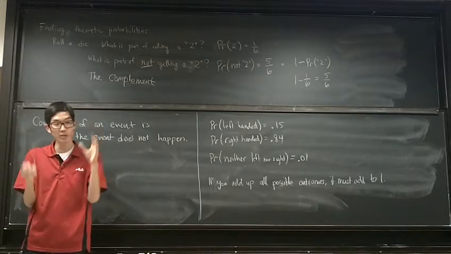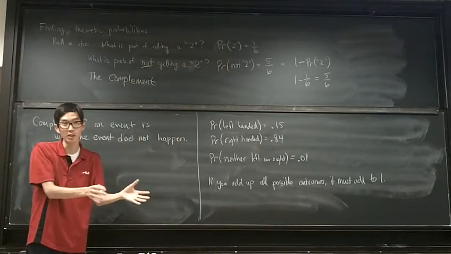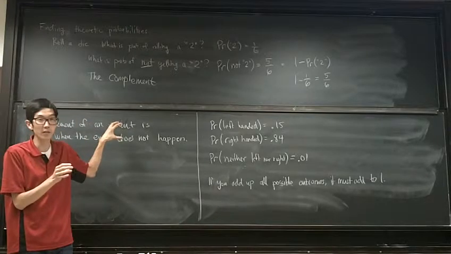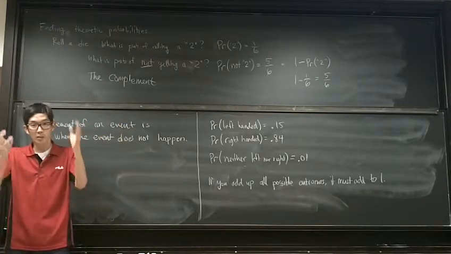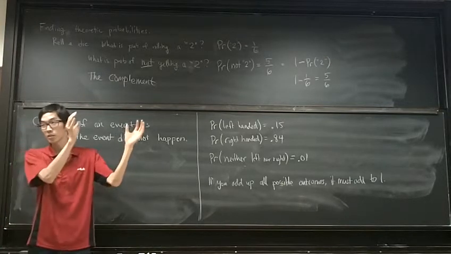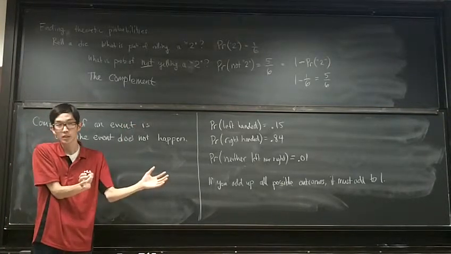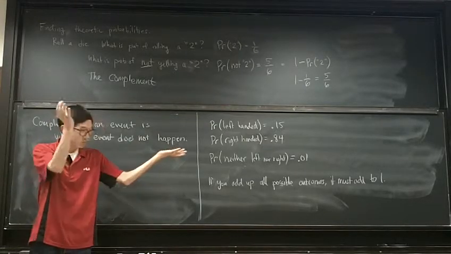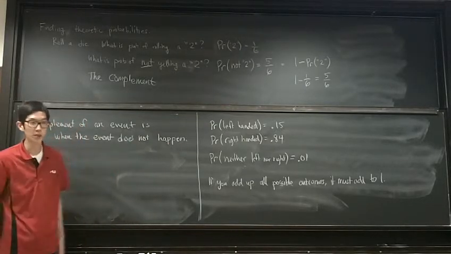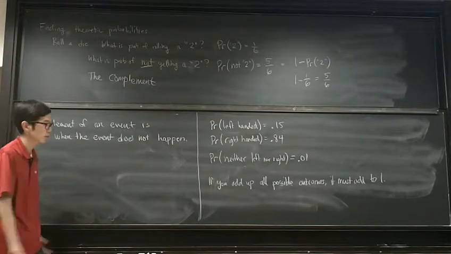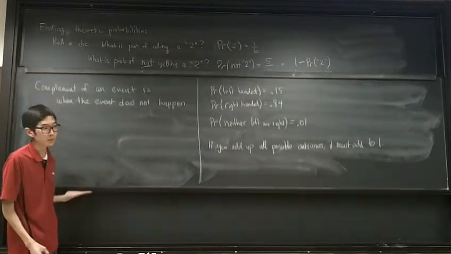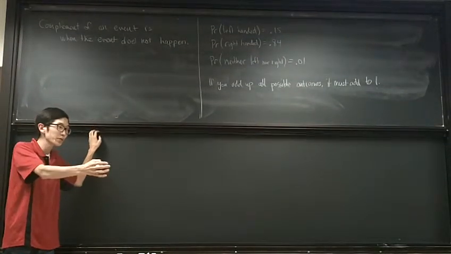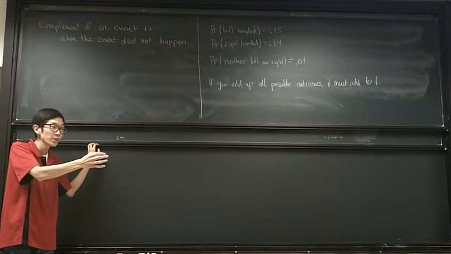In our way of thinking, babies are either male or female, but the complement is male versus not male. Most babies that aren't male are female, but sometimes there are ambiguous gender babies. If one event is a person has black hair, what's the complement?